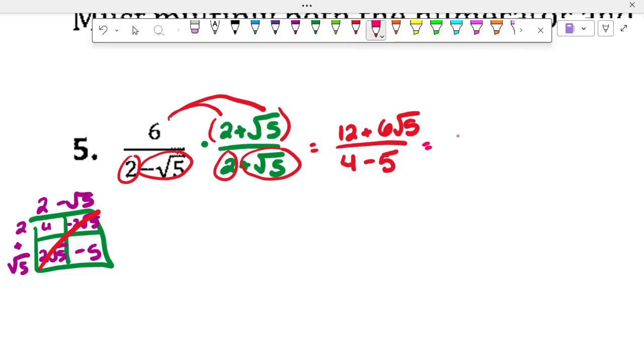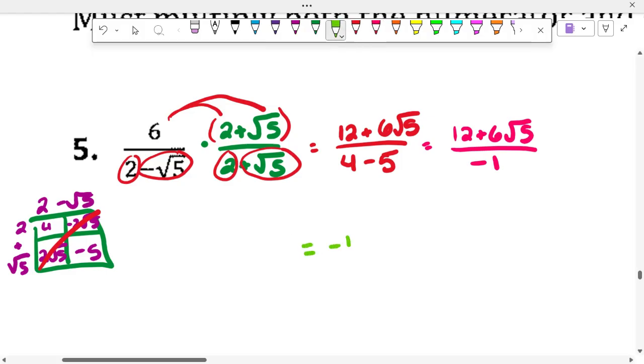So this would be, if I simplify stuff down, 12 plus 6 square root 5 divided by negative 1. Now, if I divide by negative 1, what's the only thing that's going to happen to the numerator? Both the signs change. So my final answer would be negative 12 minus 6 square root 5.